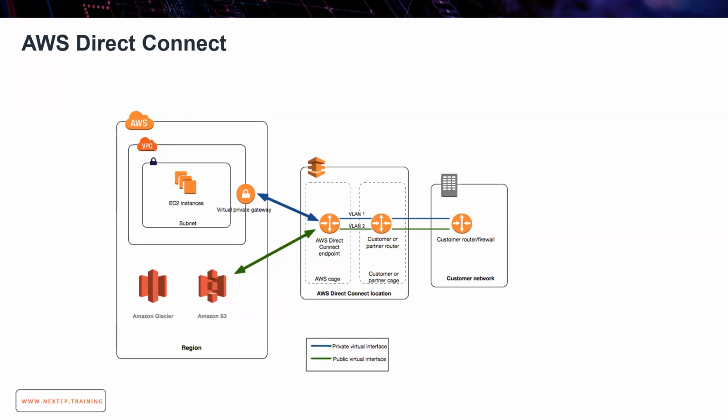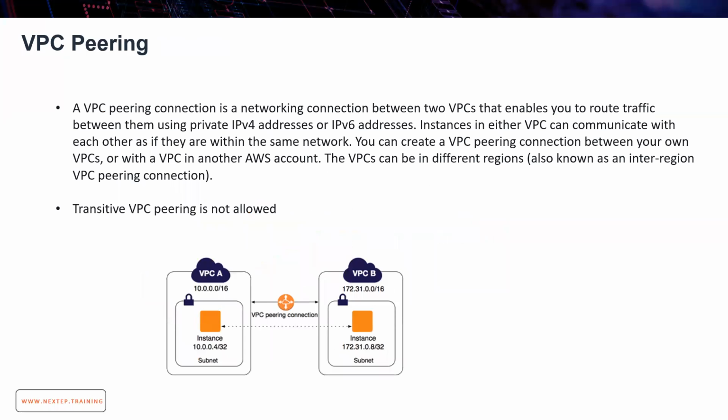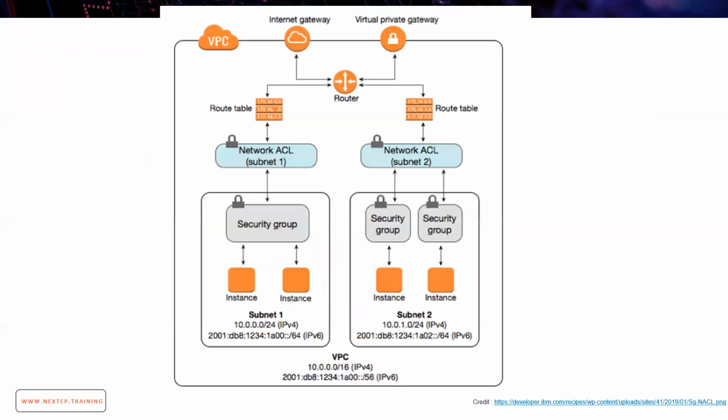So that's about the VPC peering. And I also talked briefly about virtual private gateway. This virtual private gateway is Amazon's side of VPN connection with your data center. Virtual private gateway is Amazon's side of VPN connection when you have a VPN tunneling between your data center and the AWS cloud.